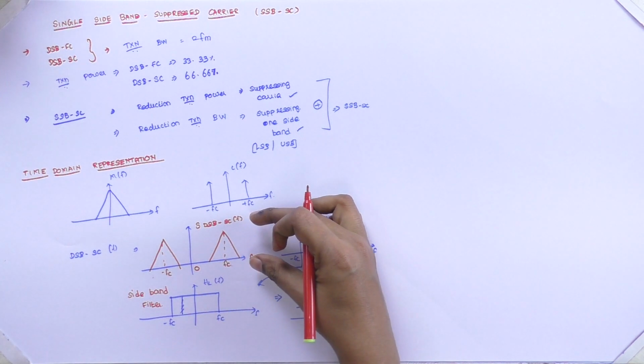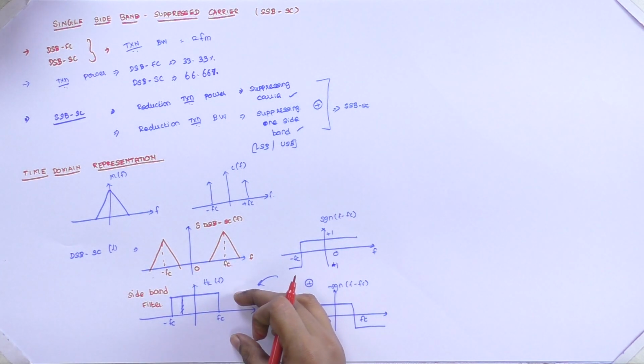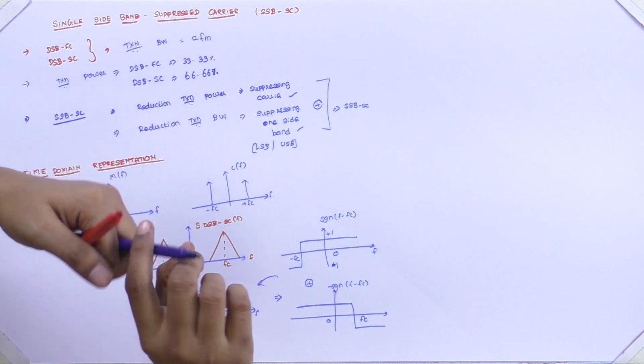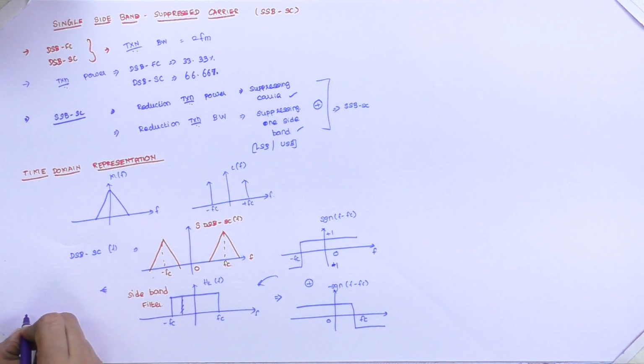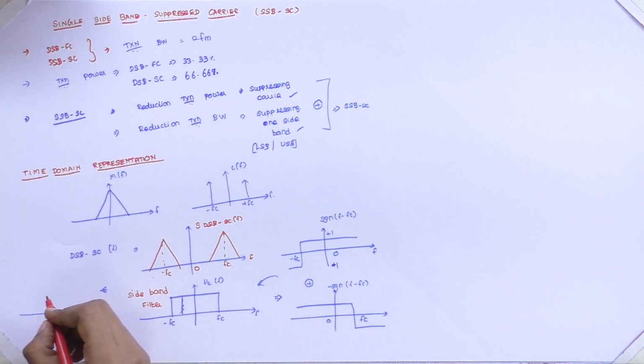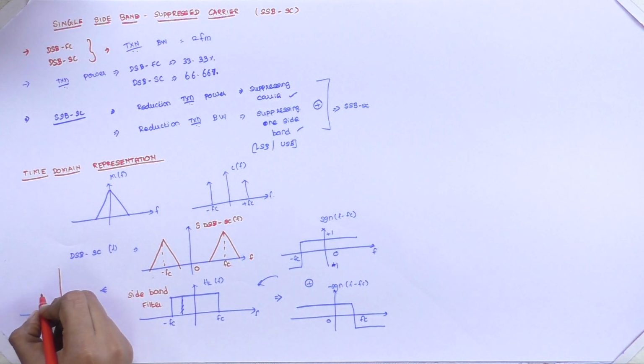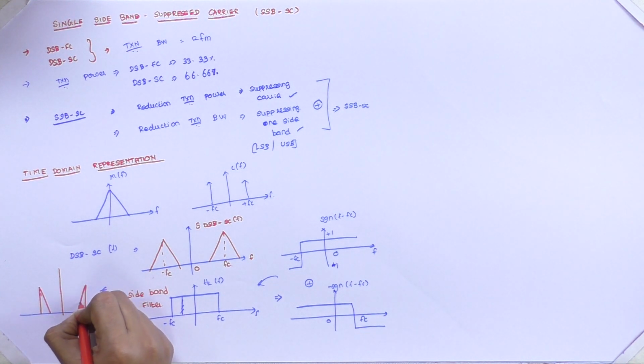When our double sideband suppressed carrier waveform passes through the sideband filter, we are getting the single sideband suppressed carrier waveform. Here we have used the lower sideband filter, therefore we are getting only the lower sideband.